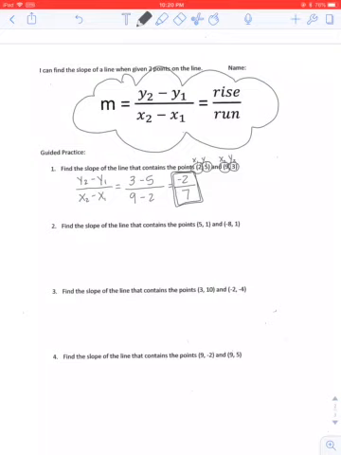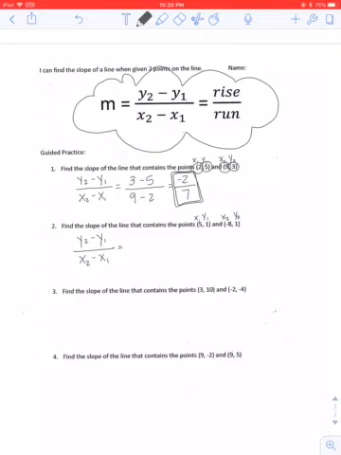For example 2, we're going to do the same thing. So 5 would be x1, 1 would be y1, negative 8 x2, and positive 1 y2. And then I use this formula to find my slope.